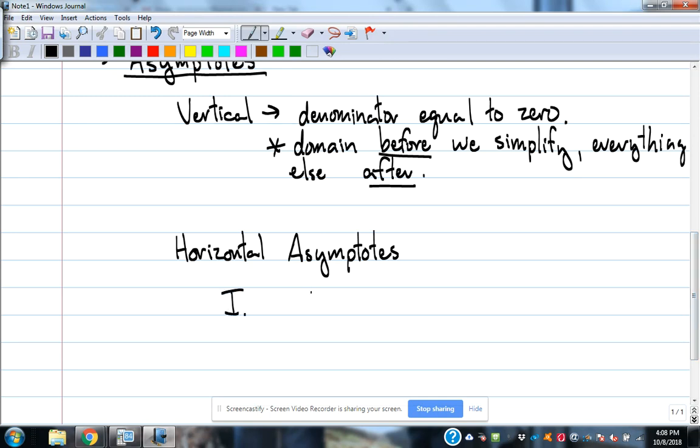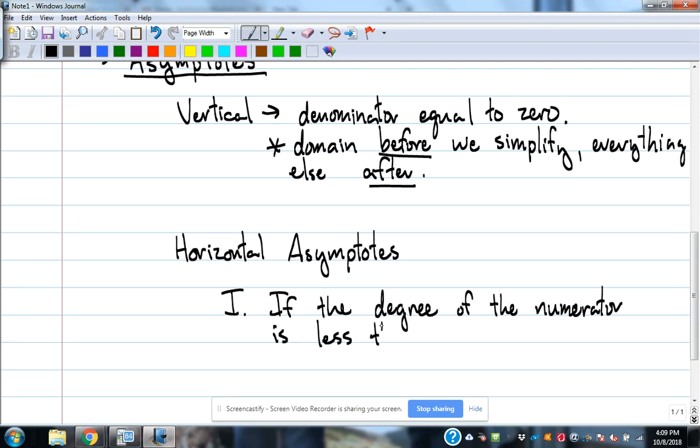The first scenario is if the degree of the numerator is less than the degree of the denominator. That's our situation. An example of that situation would be this rational function.